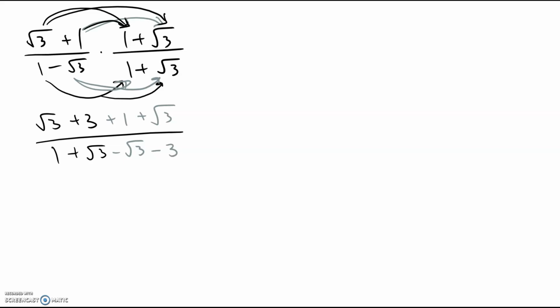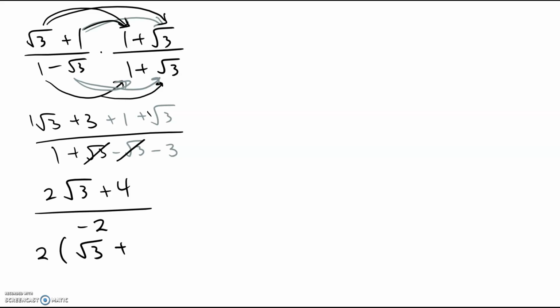Okay, so I have 2 square root of 3, because there's a 1 in front of these. You just add the number in front of the square root, plus 4 over, my square root of 3's go away, so 1 minus 3, so that's going to be negative 2. Okay, if I take a 2 out of the top part here, I'm left with a square root of 3 plus 2.